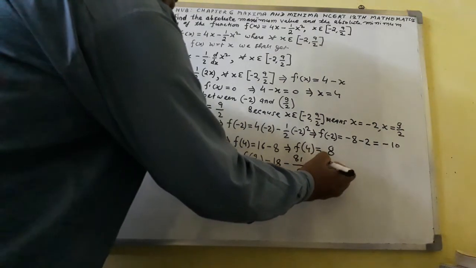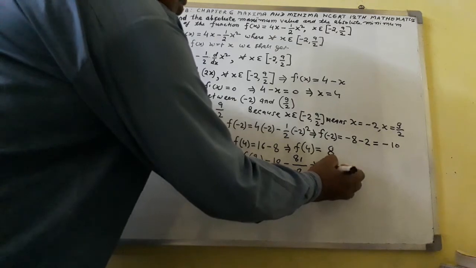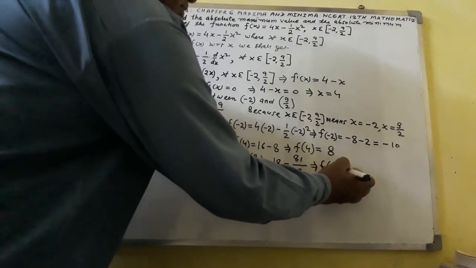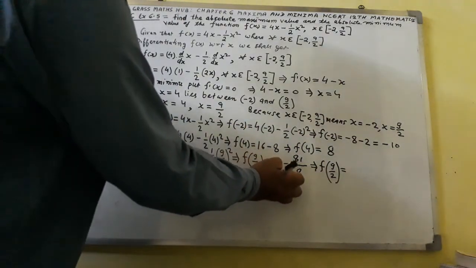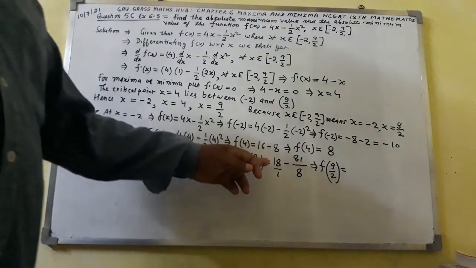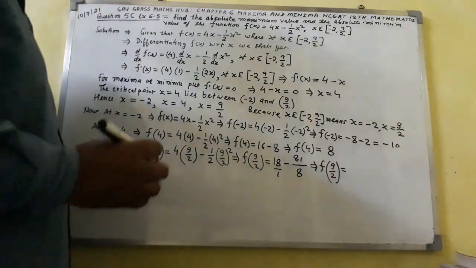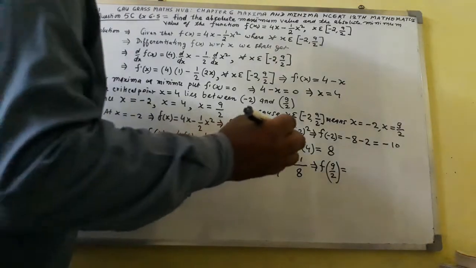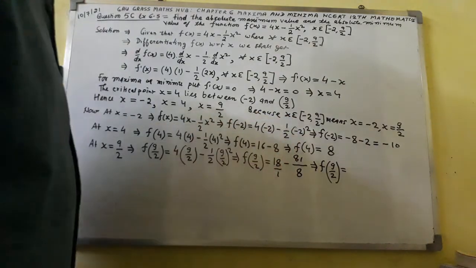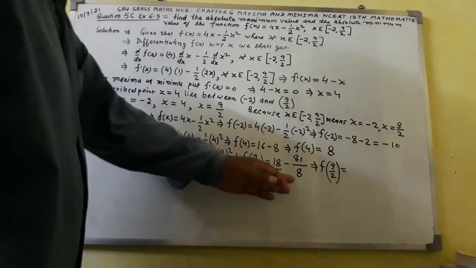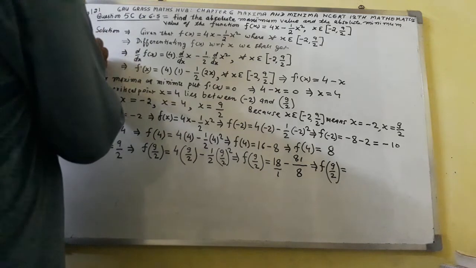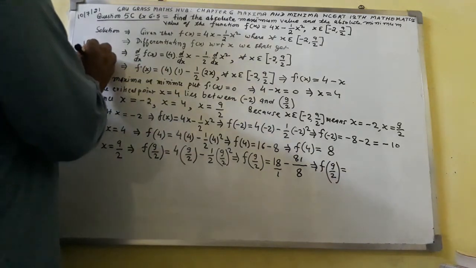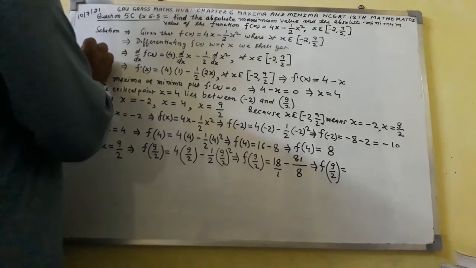Implied that f of 9 over 2 equals, here you can write 1, 18 times 8, 18 times 8. 8 times 8 is 64, we'll get 6, and 18 times 8, remainder will be 6, 8 plus 6 comes out to be 14, so 144.